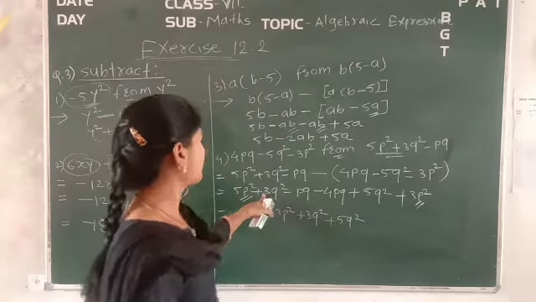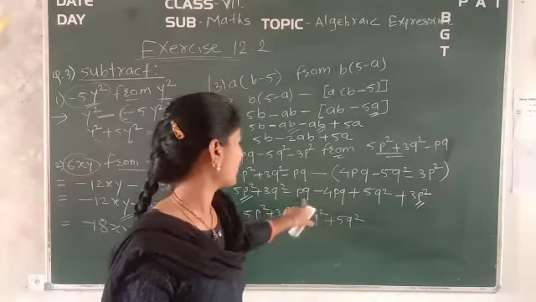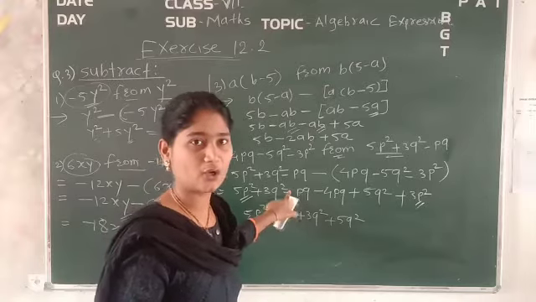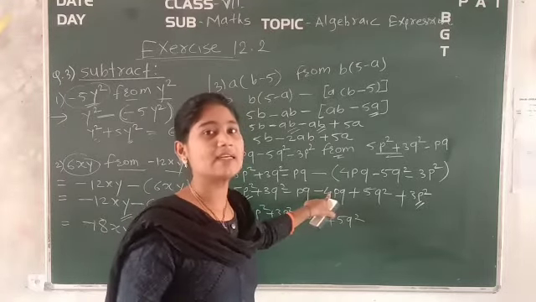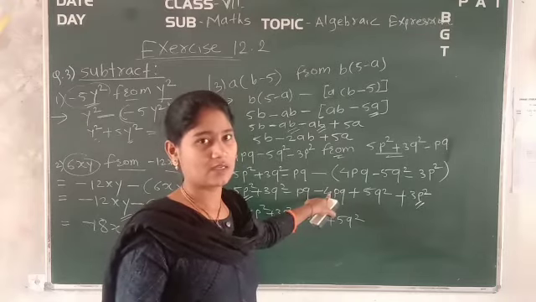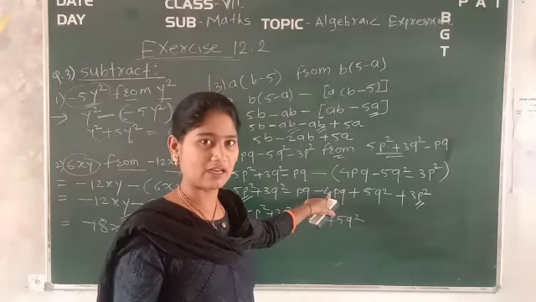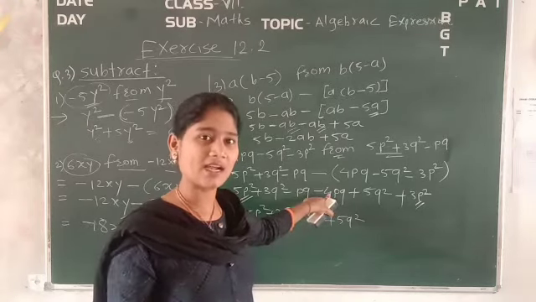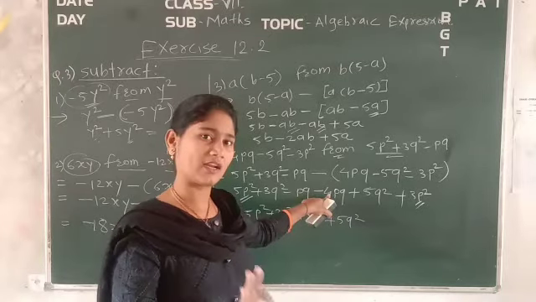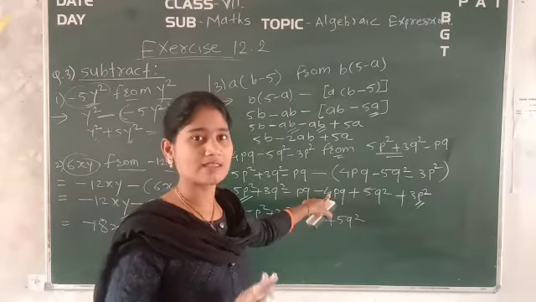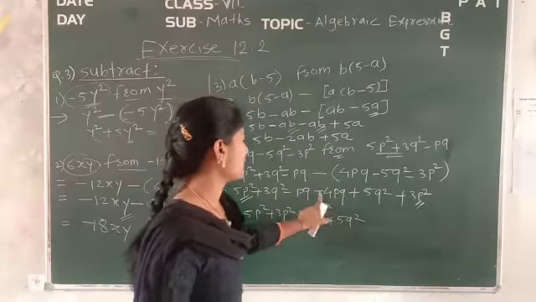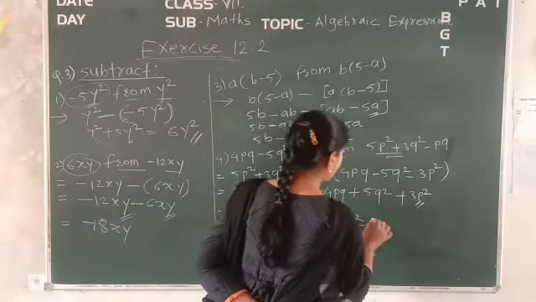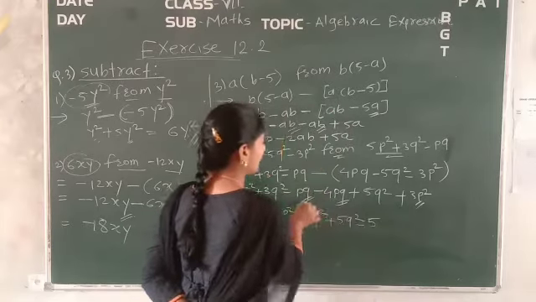Next, what remains? The pq term: minus 1pq, minus 4pq. Minus 1, minus 4, minus 5. Because of the same sign, the numbers get added, but the sign should be whatever is present. The minus sign is present at both places, so you keep the minus sign. So minus 1, minus 4 is minus 5. What is the variable? That is pq.